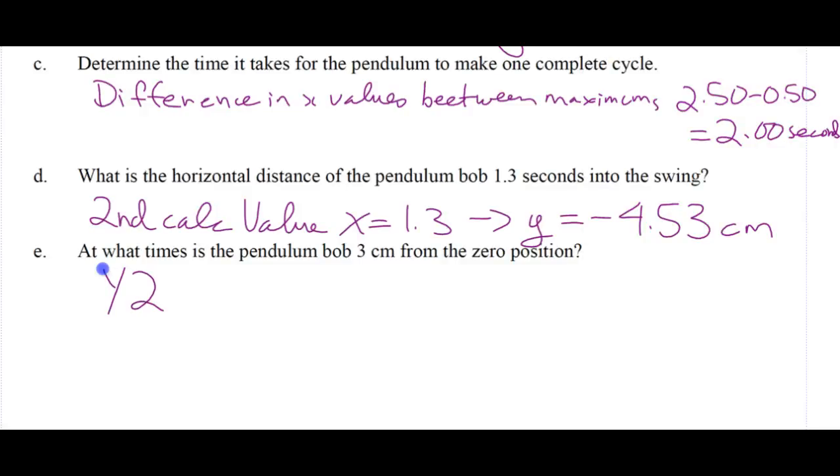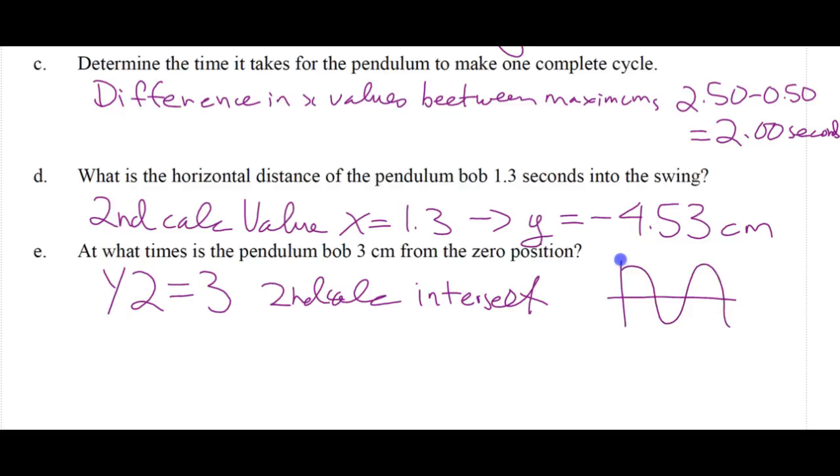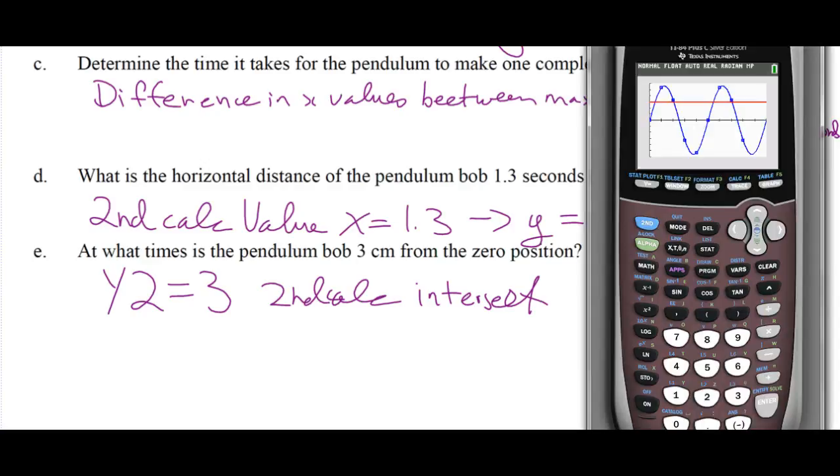We go y2 is equal to 3, and we go second calc intersect. Okay, and if you want, you can just sketch it out and say, I'm looking at this and this, and so I want this and this. Second calc intersect.